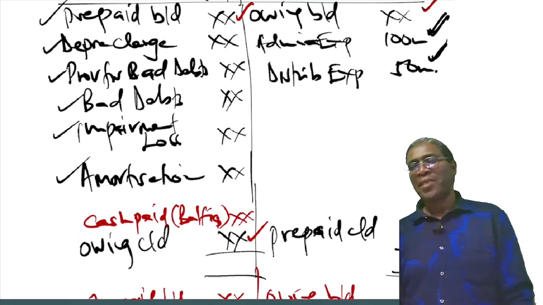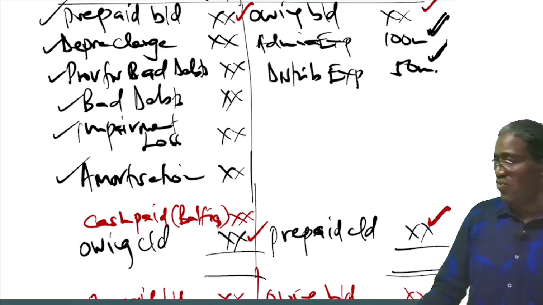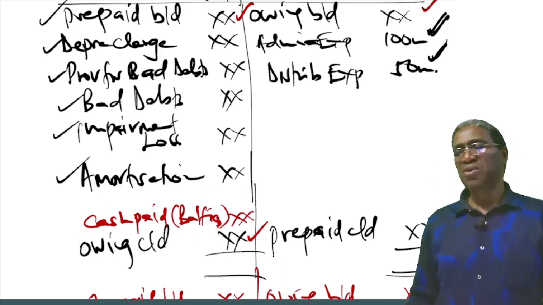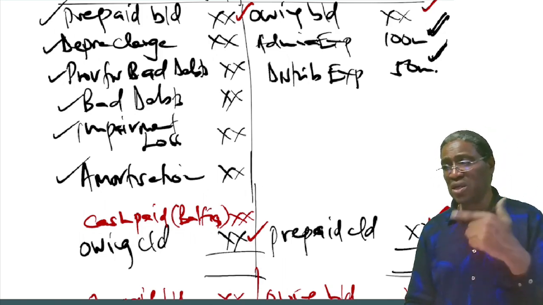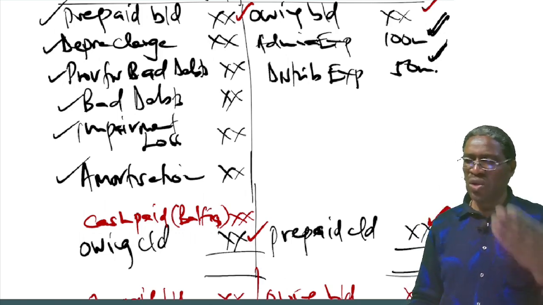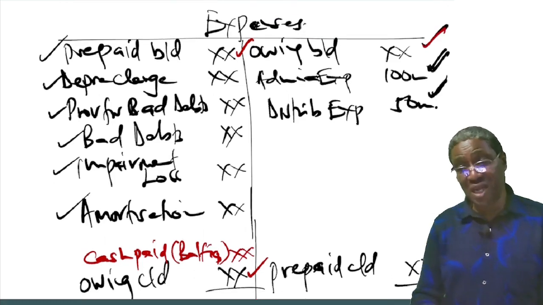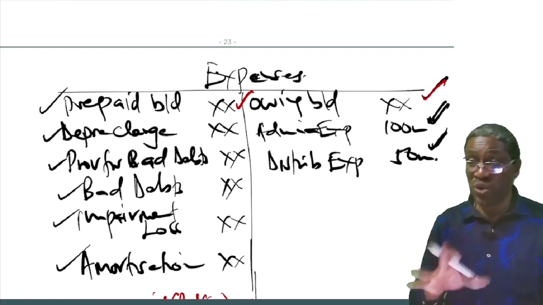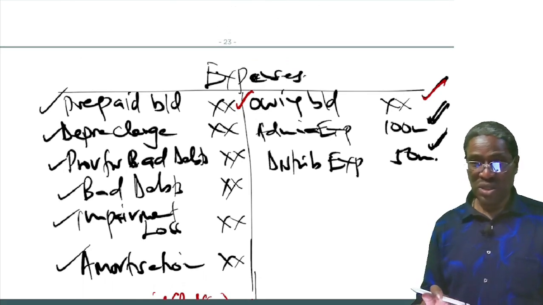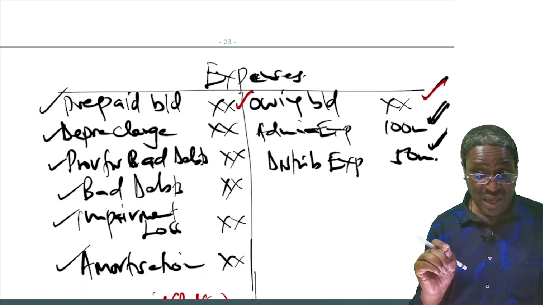Now, I left one of the non-cash items, which is what Kirui gave us, loss on disposal. And I want now to illustrate, when do we use loss on disposal in the expense account and when don't we use it? There are times when you may be required to use it in some questions.